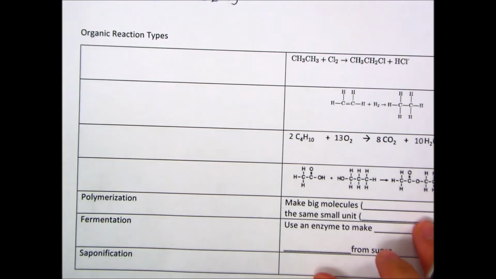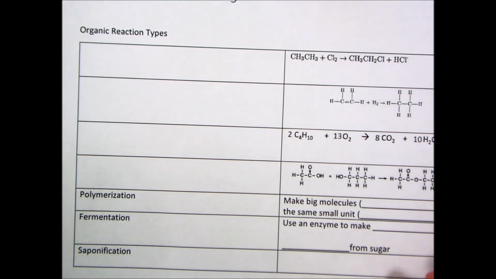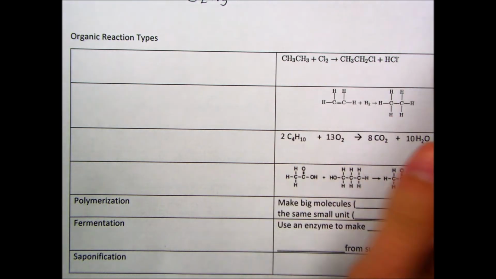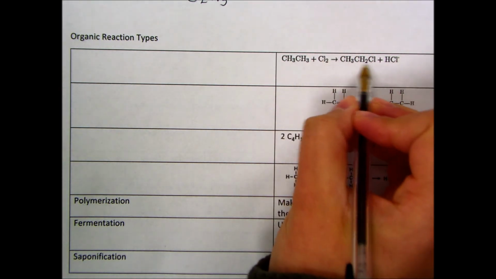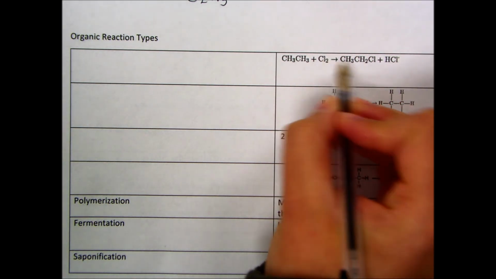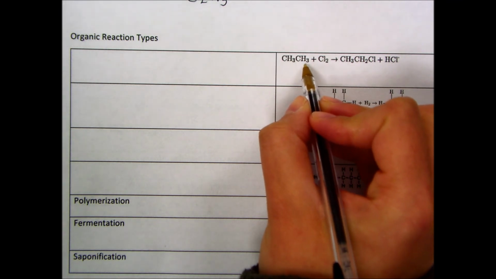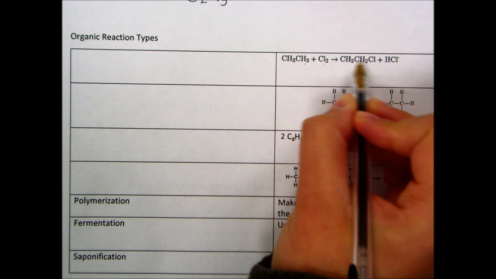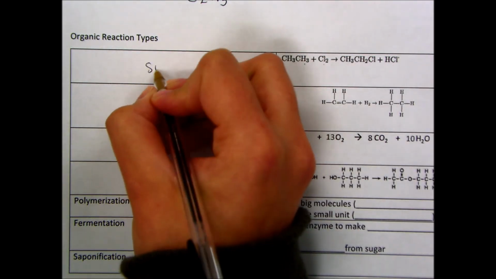All right. Organic reaction types, there's 7 that ultimately you just got to memorize. In this example, you see what's happening from left to right. We are replacing or substituting one of these H's with a chlorine, right? So this is a substitution.